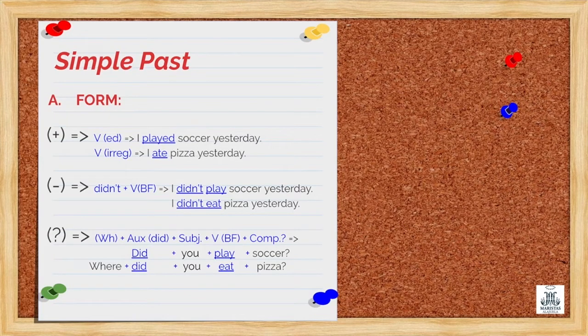So, simple past tense, the form of the simple past. What's the form of the simple past tense? In affirmative, we are going to use verbs in regular form or verbs in the irregular form. Verbs in regular forms are verbs ending in ed. Example, I played soccer yesterday.